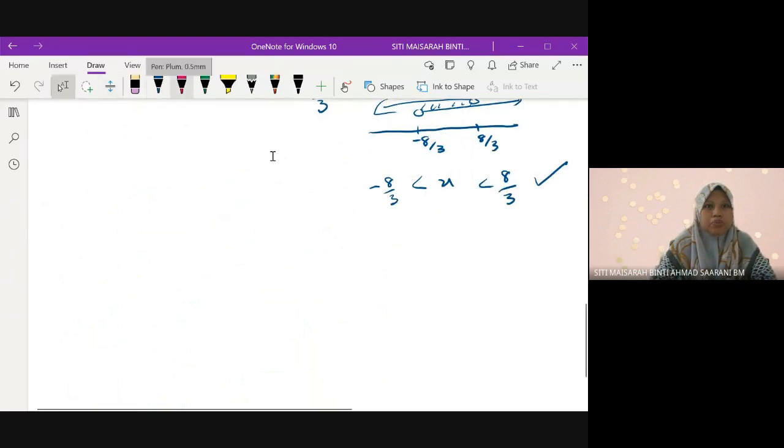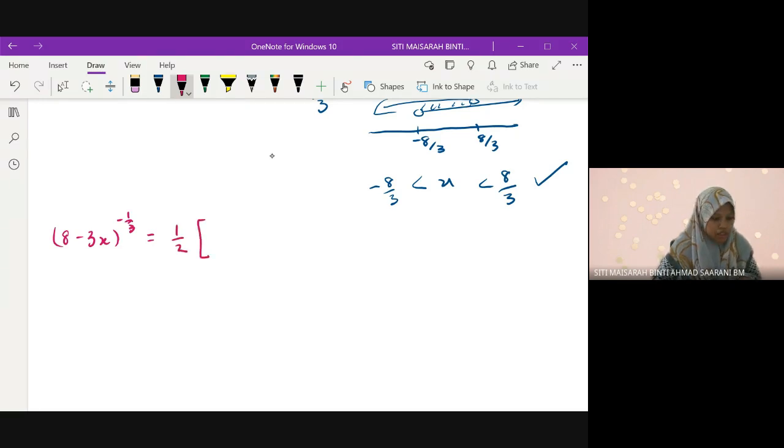Okay, our expansion 8 minus 3x power negative 1 over 3 equals to expansion yang kita dapat tadi, 1 over 2 multiply 1 plus 1 over 8x plus 1 over 32 x squared plus dot dot dot.